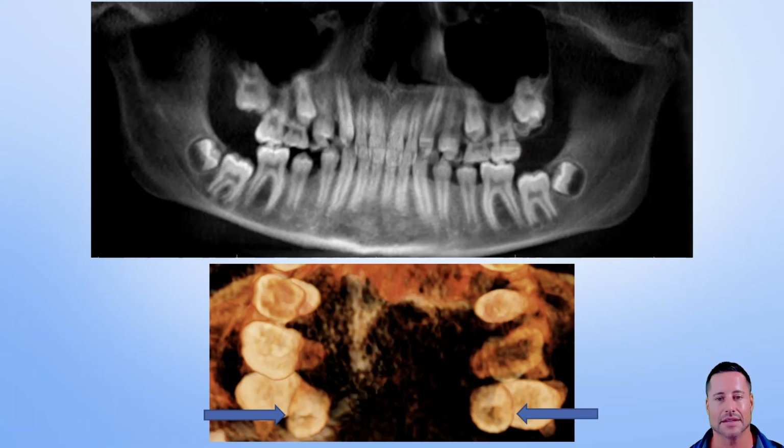And if you did, let's say you decided to say, well, I want to get a closer view or exact view of where that number 16 is relative to 15. Number one, you may not even look at the other side at that point. And number two, if you do, you've just exposed the patient to significantly more radiation than you could have. And all these images I'm showing you are at the lowest dose setting on the machine, so in that 10 to 20 microsievert range.